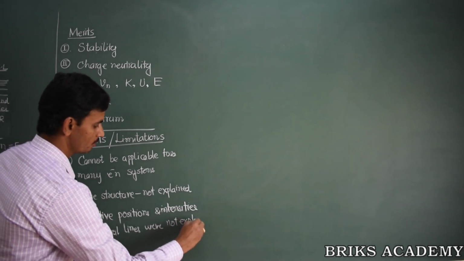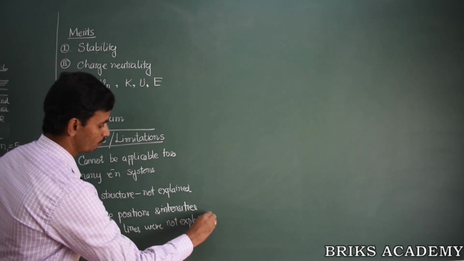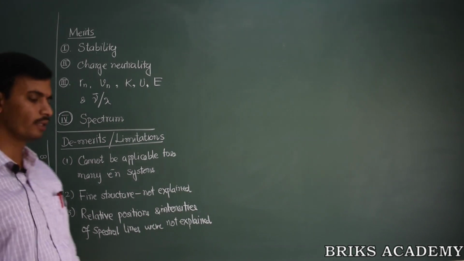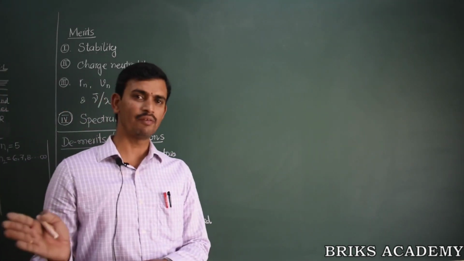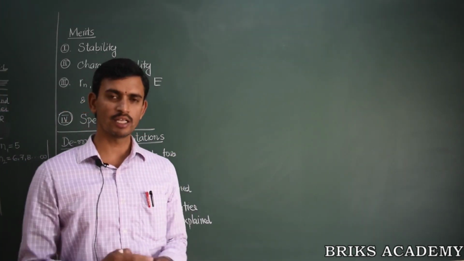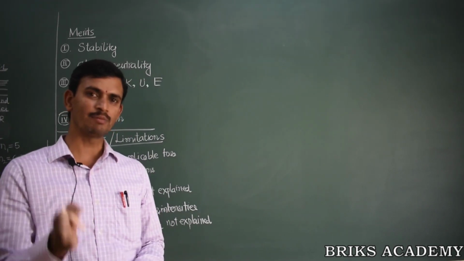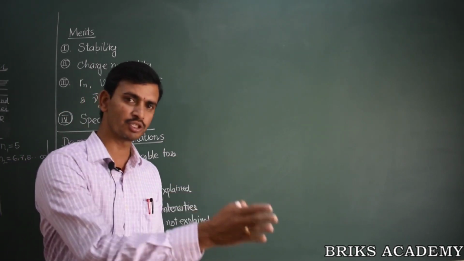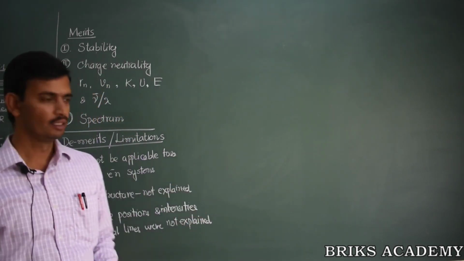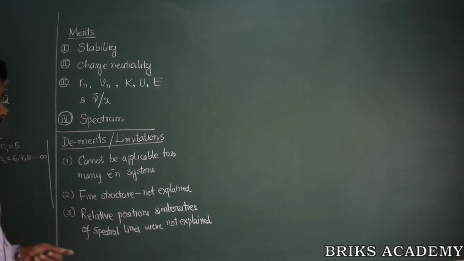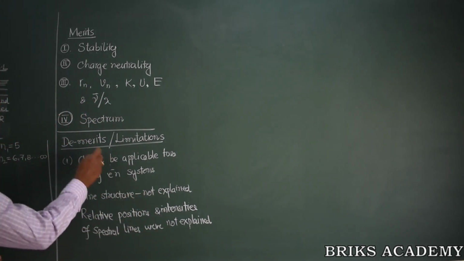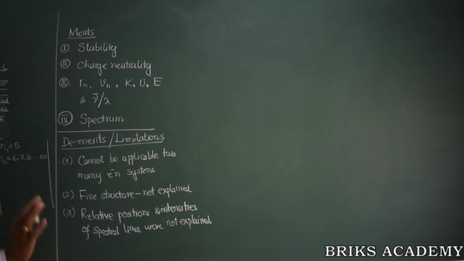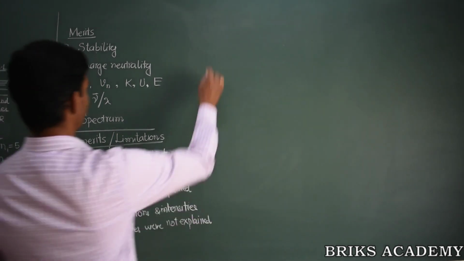In the sense, Bohr's theory couldn't explain why there is an intensity variation in the spectral lines, and why exactly these spectral lines were positioned in those positions also was not explained. So these are some of the important failures. The biggest failure is that it was not applicable to many electron systems, it was applicable only to a single electron system. Last point to conclude the chapter.